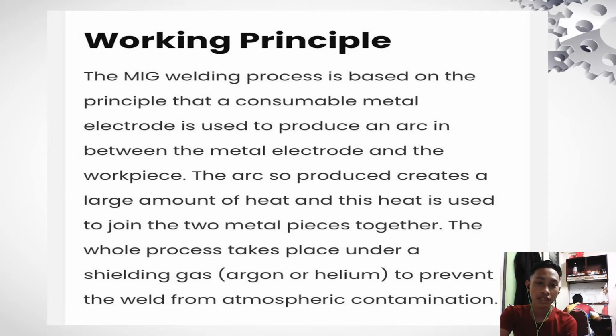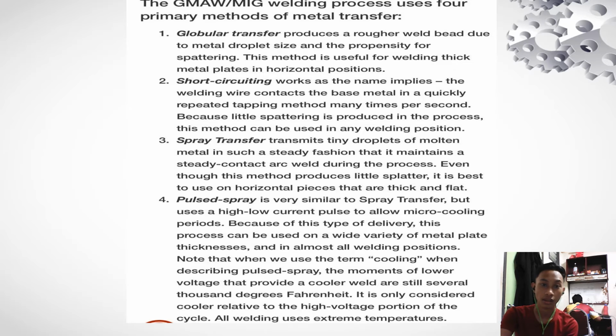The whole process takes place under a shielding gas, argon and helium, to protect the weld from atmospheric contamination. The GMAW or MIG welding process uses four primary methods of metal transfer.